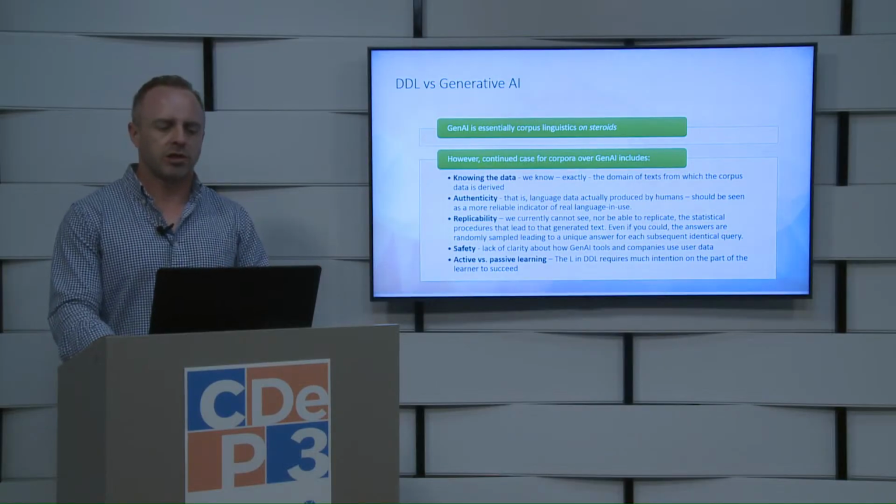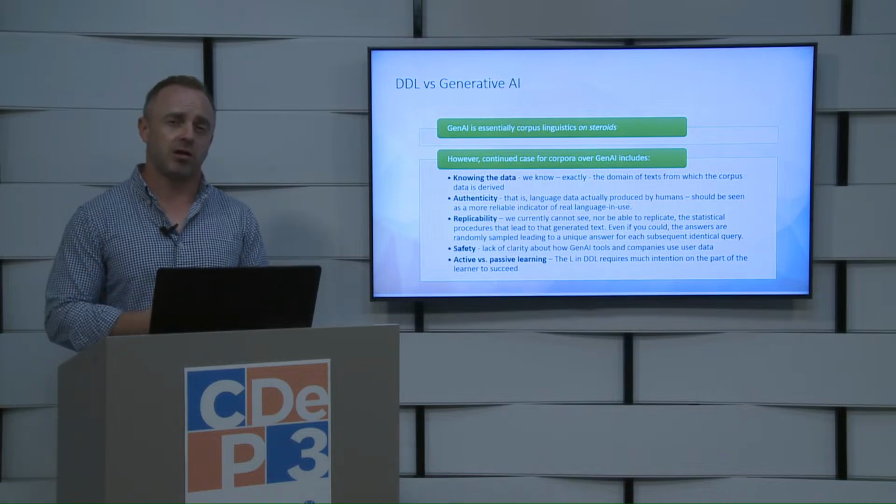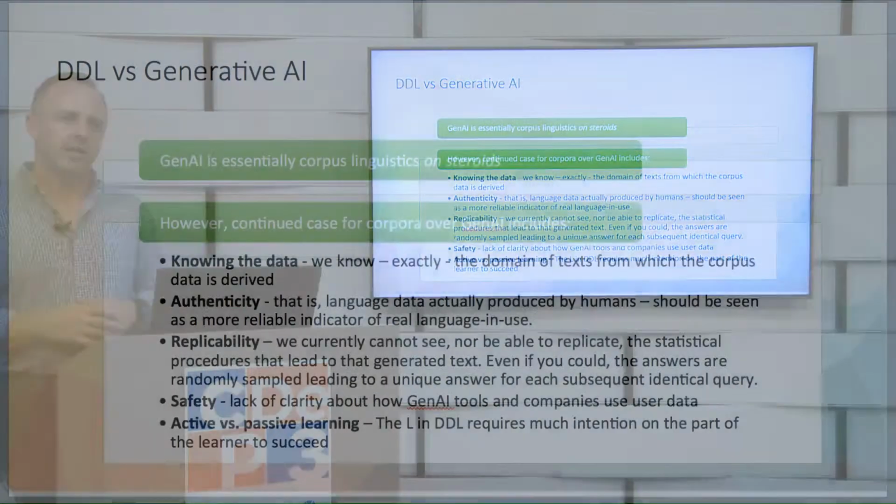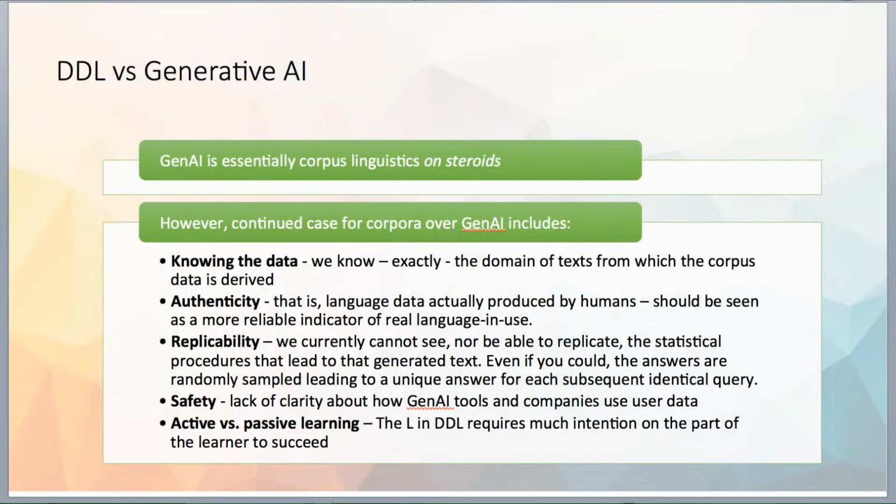So if we think about what generative AI is at the fundamental level, it's actually very similar to corpus linguistics in that generative AI works on a huge set of training data, a corpus. The corpus is probably trillions of words in size, scraped from the internet or who knows where else they got the data from.